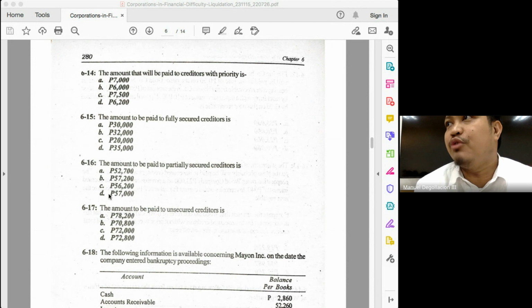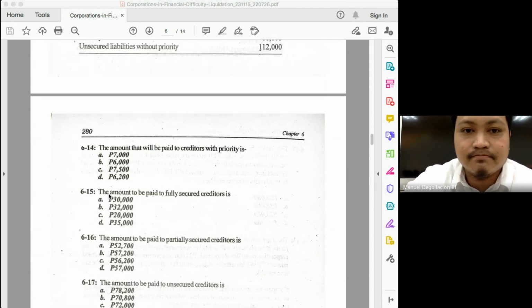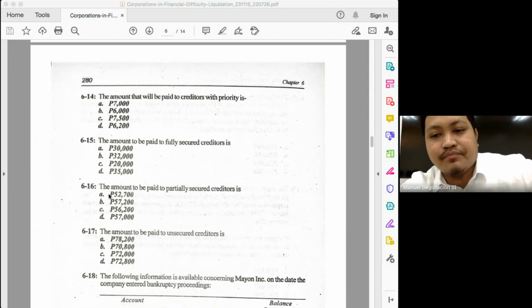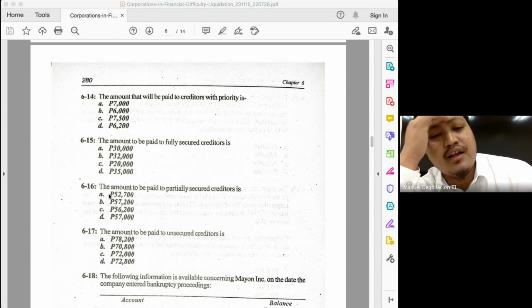Determine the unsecured without priority and multiply it immediately with the recovery rate. How much is the unsecured liabilities? 112,000 multiplied by 65%. That will give you how much? 72,800. Letter D.